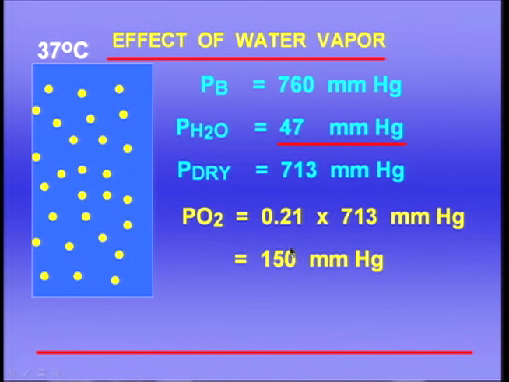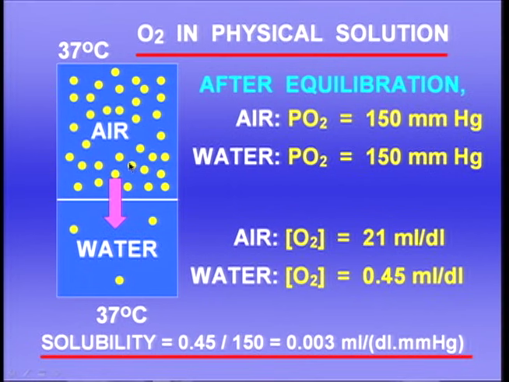Now let's look a little bit further at the effects of dissolving the gases in liquids. And on the left here we have a cartoon showing air, moist inspired air at 37 degrees C has a PO2, as we've seen, of 150 millimeters of mercury. And we allow that air to become equilibrated with water below it.